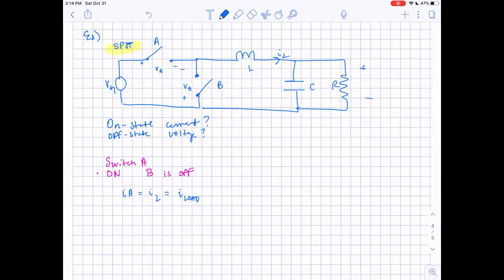So we know the I load can be computed by V over R, where V is D, your duty cycle, times your voltage at the generator, over your R. Let's assume all these are positive: your duty cycle is positive, your voltage, your R is real, right? So let's say IA is positive, greater than 0.